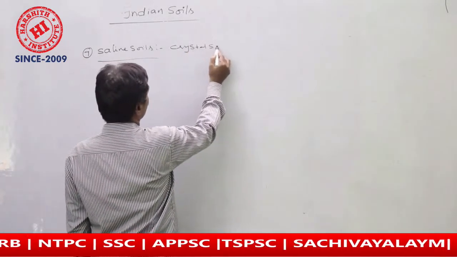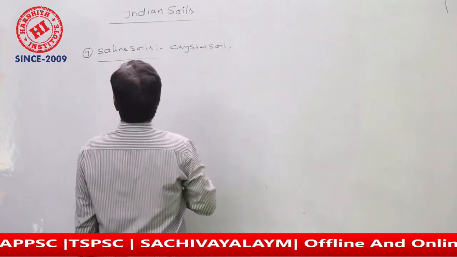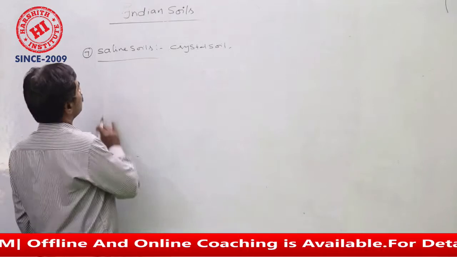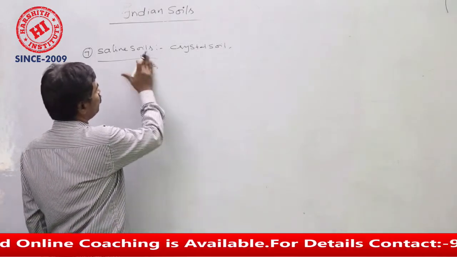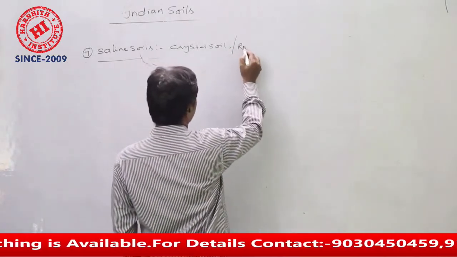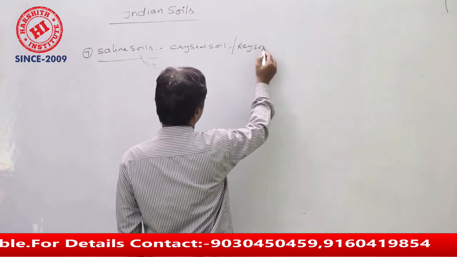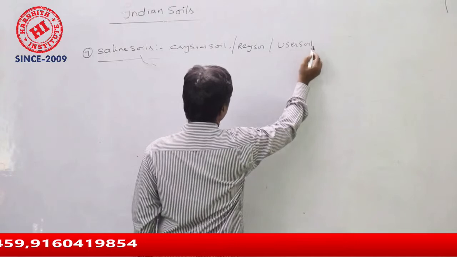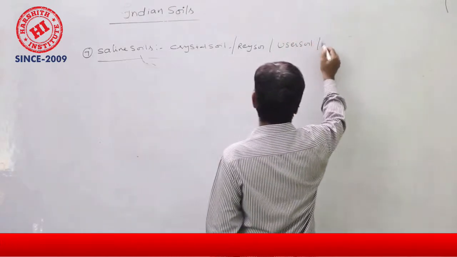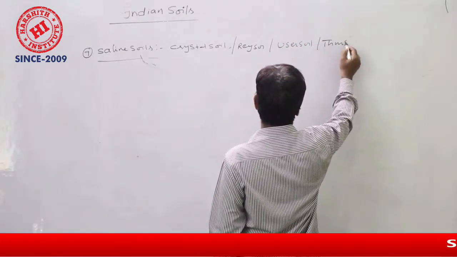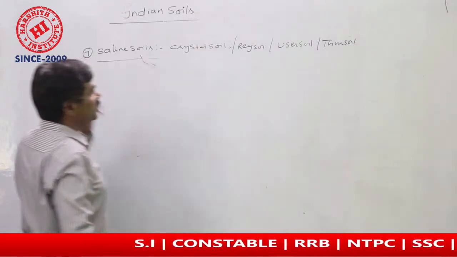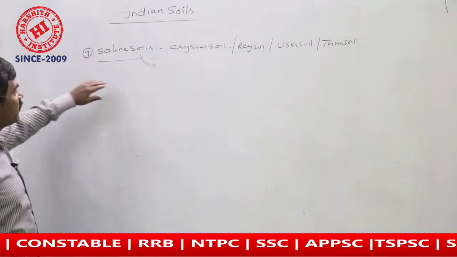And other names are ray soil, oozer soil, and thur soil. These are other names of the saline soils.